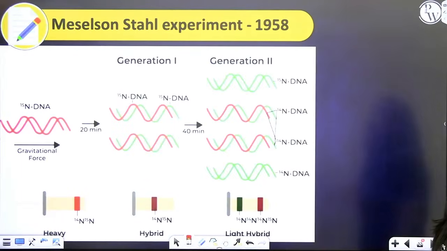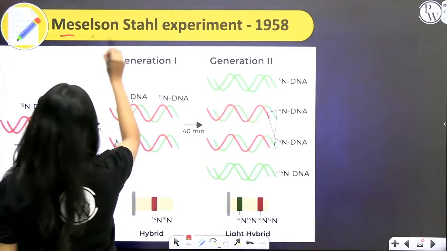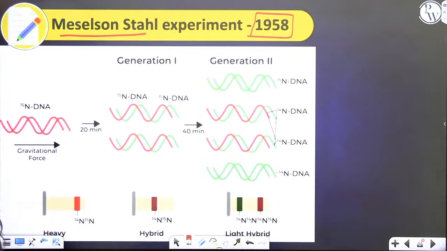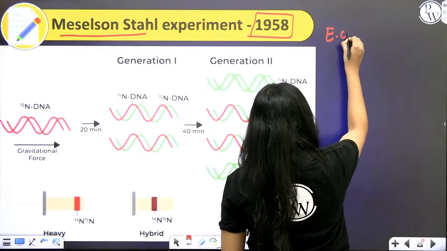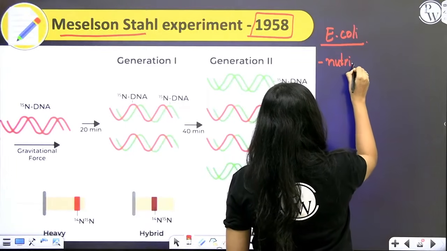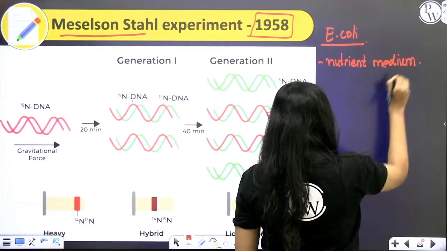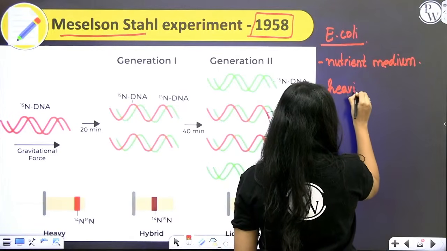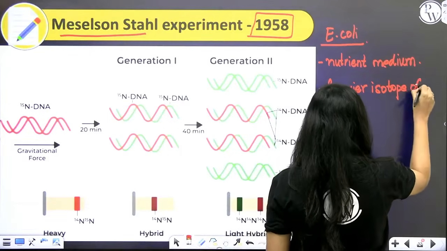Let's take a look. This was proven by 2 people, Meselson and Stahl, in the year 1958. So what they basically did was, they took E. coli bacteria, they grew it in a nutrient medium, and in this nutrient medium, they had added a heavier isotope of nitrogen.